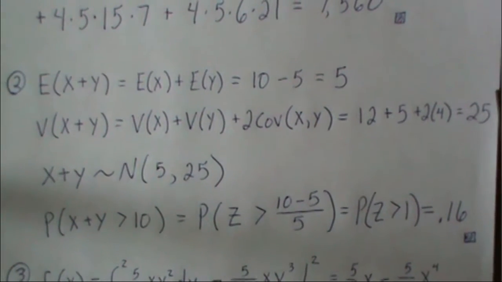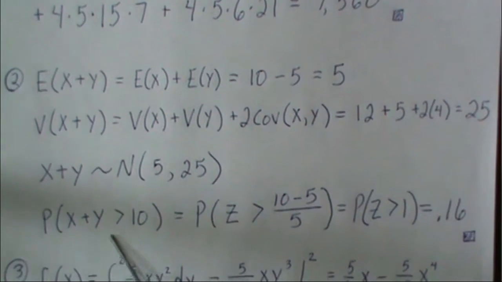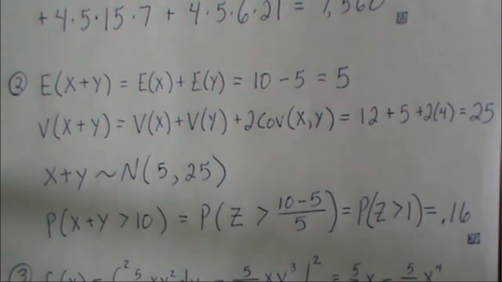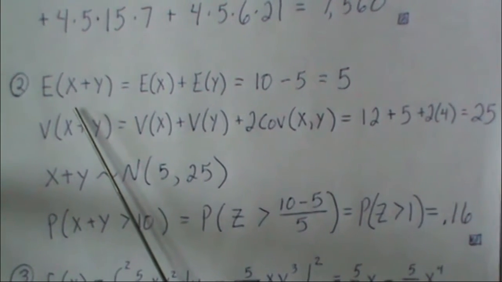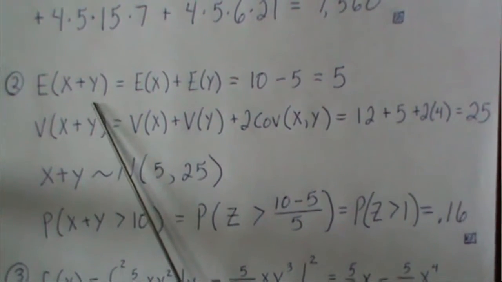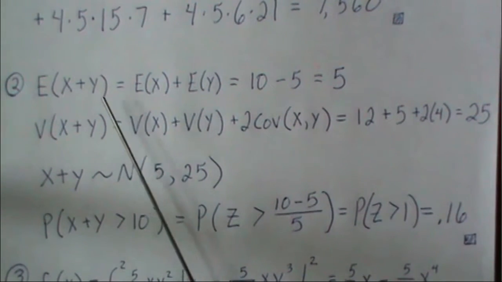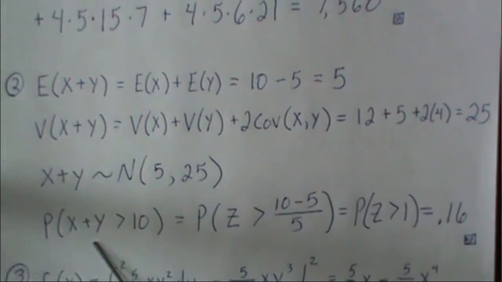Question number 2, we're asked to find the probability that x plus y is greater than 10. But first, since we know that x and y have a bivariate normal density, then the sum is also normal. And then we have to find the mean and the variance of this distribution.